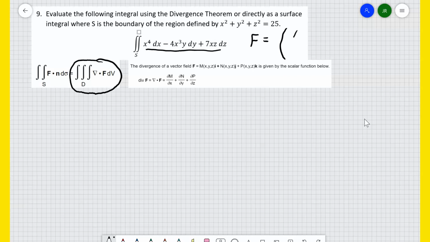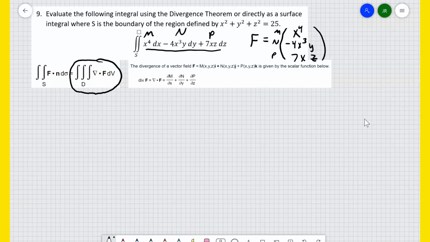It is x to the 4th, negative 4x cubed y, and 7xz, if we want to write it in that form for a vector. And so basically this is M, N, and P.